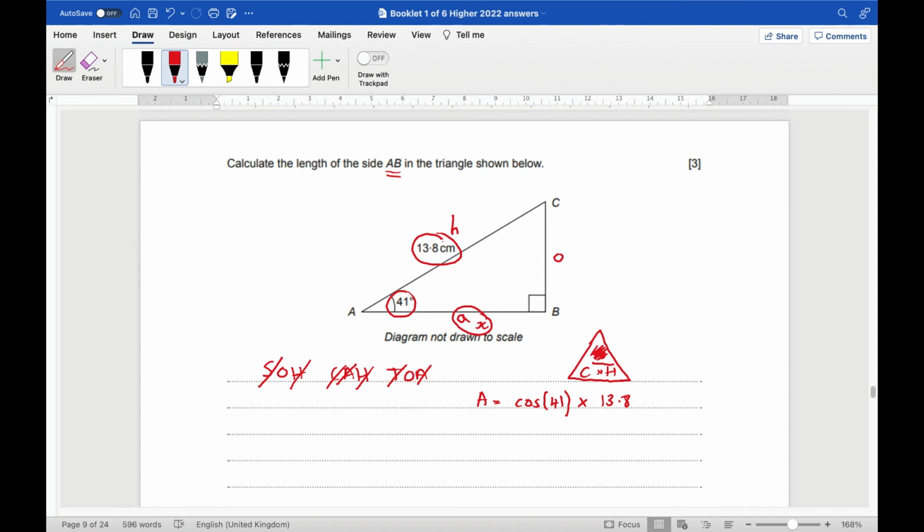Cos 41 times 13.8. And again, think about it, this is the final answer, so I think here an appropriate degree would probably be 1 decimal place, which is 10.4 centimeters. Okay.